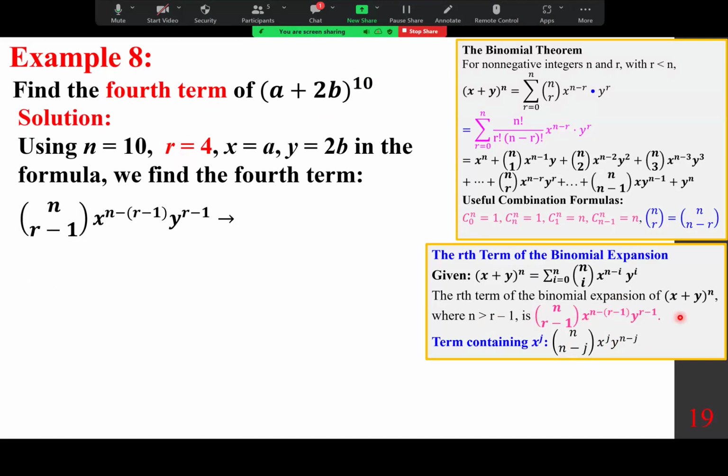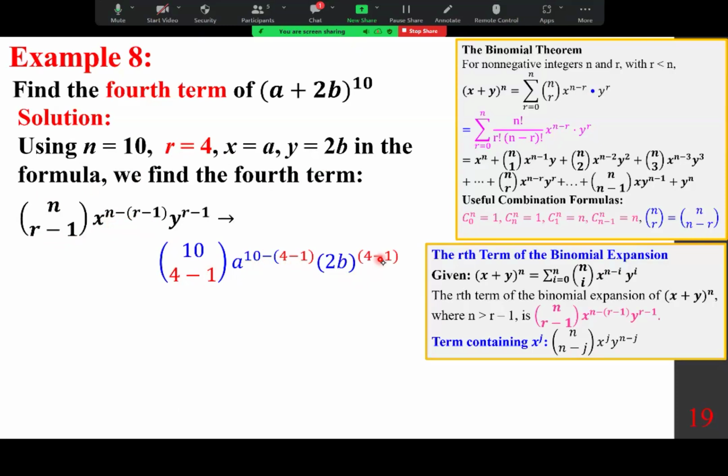So replace everything: n is replaced with 10, r minus 1 is 4 minus 1, and just plug in. Instead of x, a, instead of y, 2b. So we put 10 choose 4 minus 1 here. x is a, so a to the power of 10 minus 4 minus 1, 2b to the power of 4 minus 1. And this is fine. We will finish it in a moment.